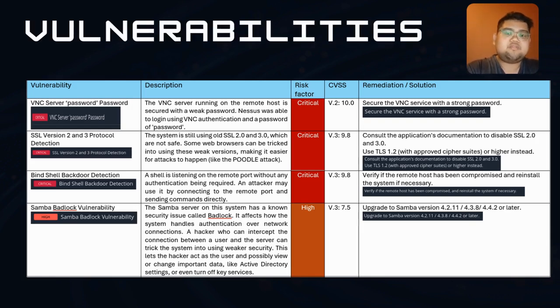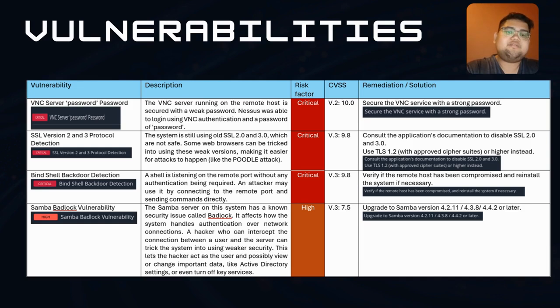Now we will look into the vulnerabilities that we scanned using the vulnerability tools. First vulnerability is the VNC server password. The description says the VNC server running on the remote host is secured with a weak password. Nessus was able to log in using VNC authentication and a password, where a remote unauthenticated attacker could exploit this to take control of the system.